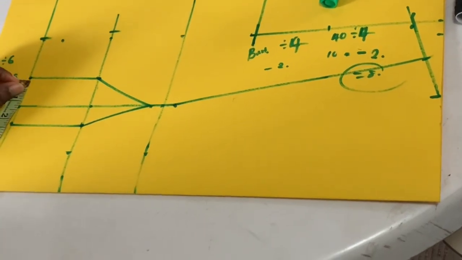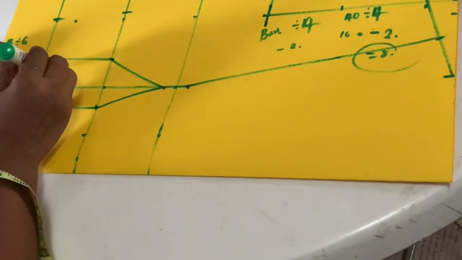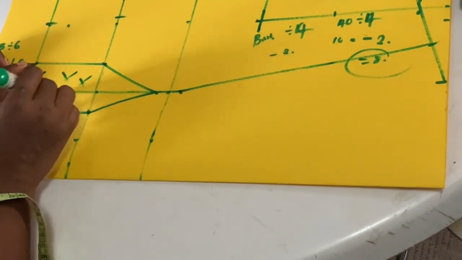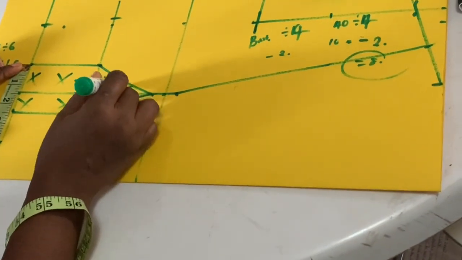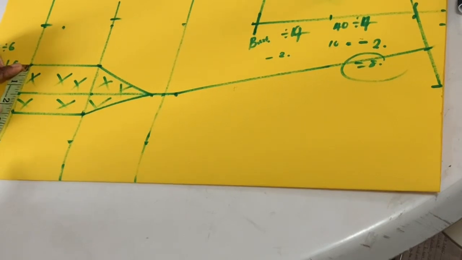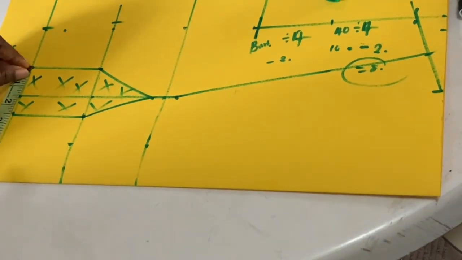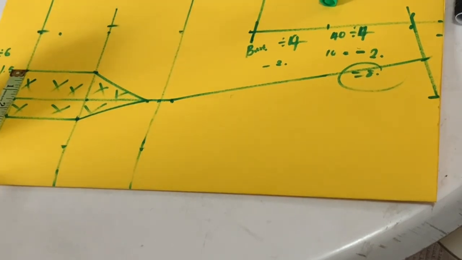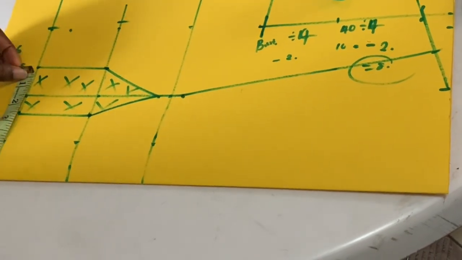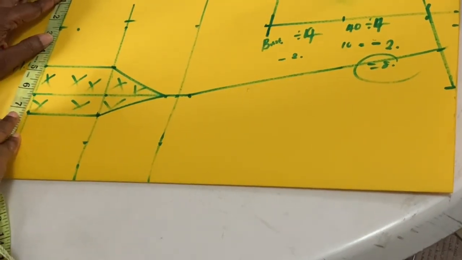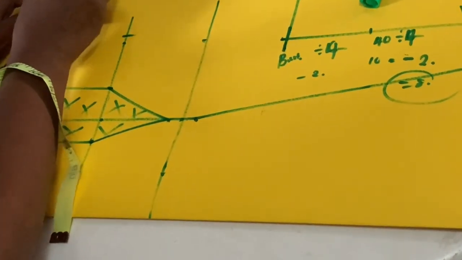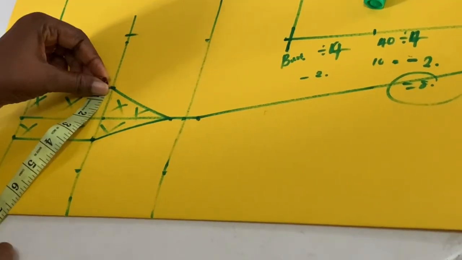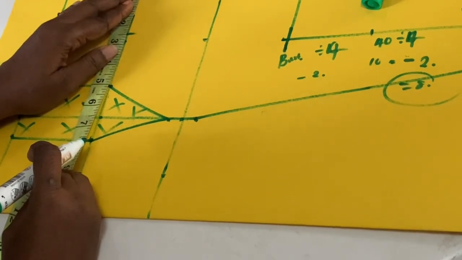So remember, we took away this place. We are going to cut this place off, so it's going to reduce our measurement. In that case, we are going to measure 2.5 and add it to this place. The same thing here is 2.5. You add it to this place.